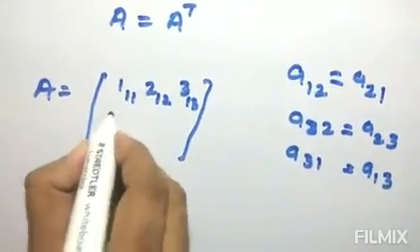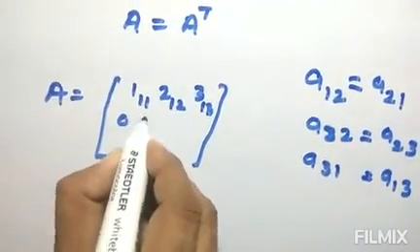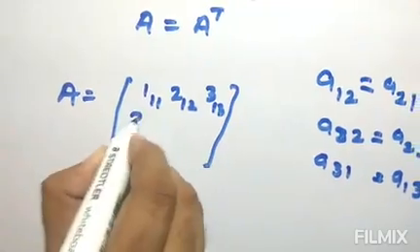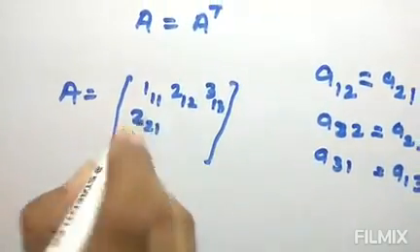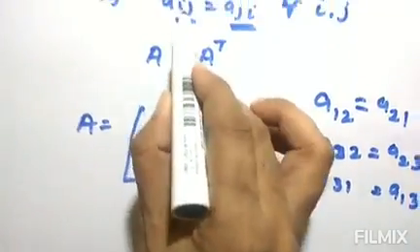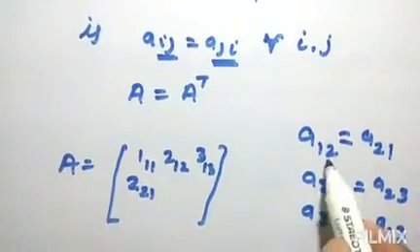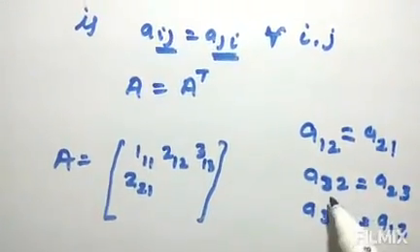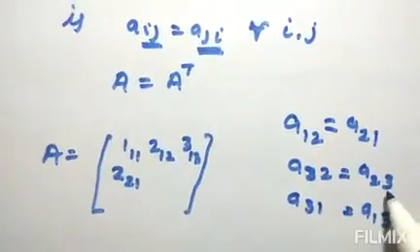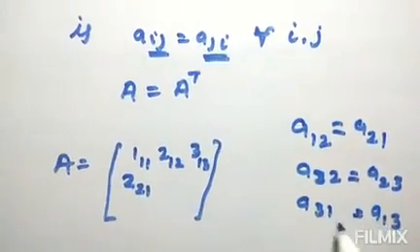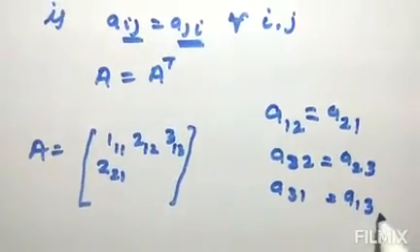It means 12 and 21 both are equal, 32 and 23 both are equal, and 31 and 13 are equal.